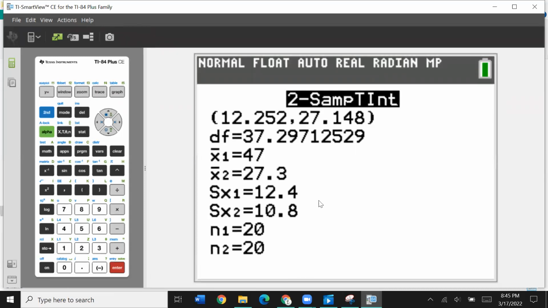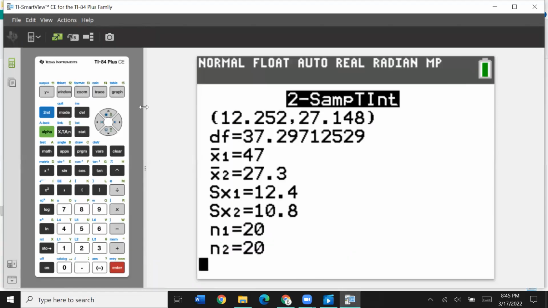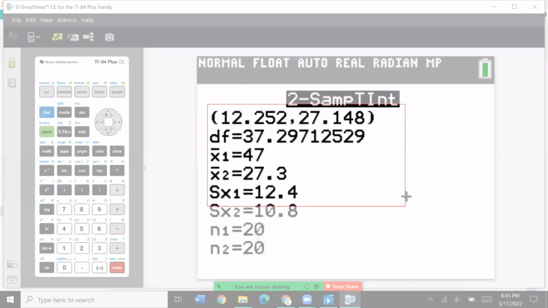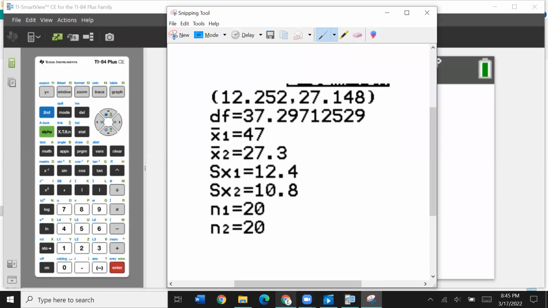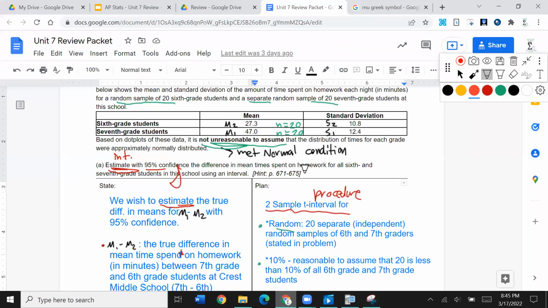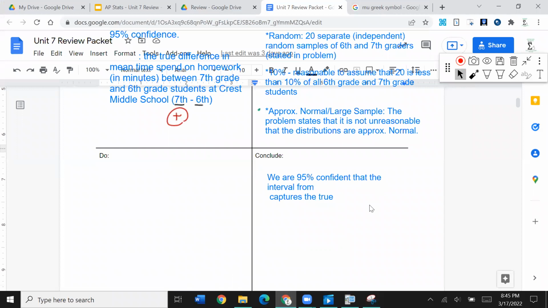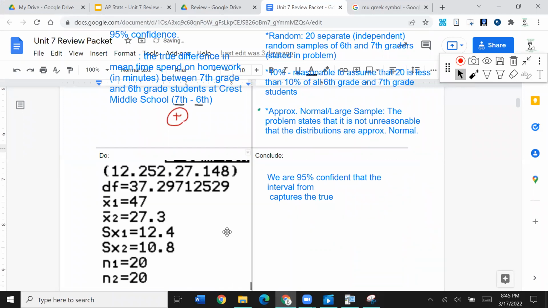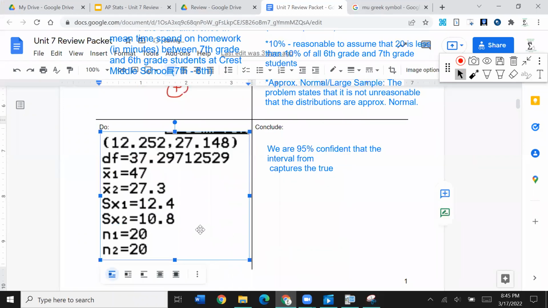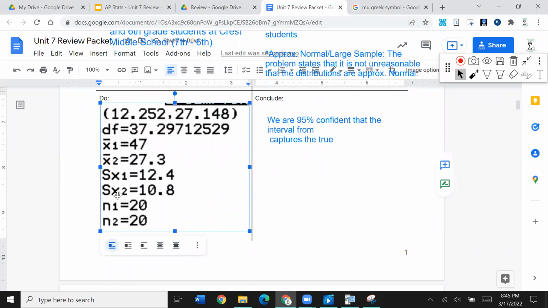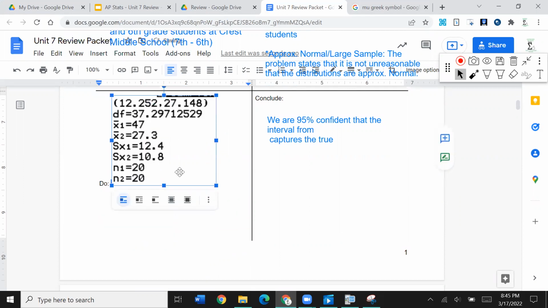And this is really what we want to be able to include on this problem. So I'm just going to cut and paste that, and let's talk about what's important to include on here. Based on this data, we don't need to write all that down, because honestly, in the problem, all the stuff below DF was already up in the table. So it seems a little bit redundant trying to write that.